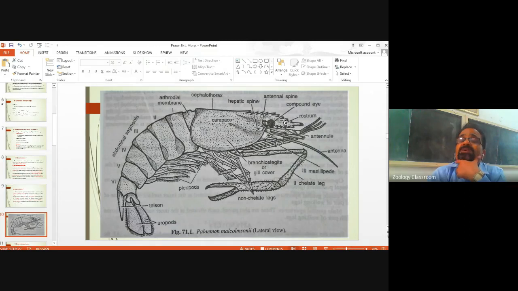And this rostrum actually is the mark of identification because the number of serrations differs from species to species.